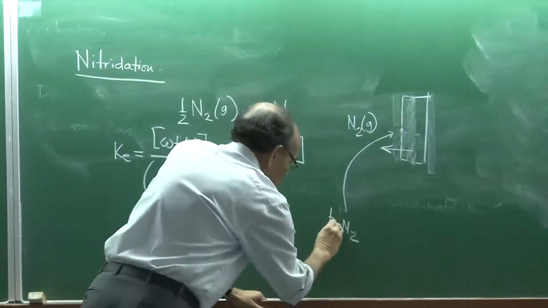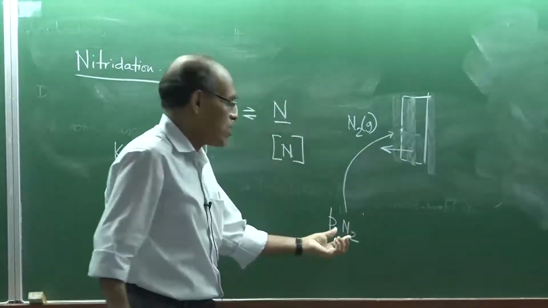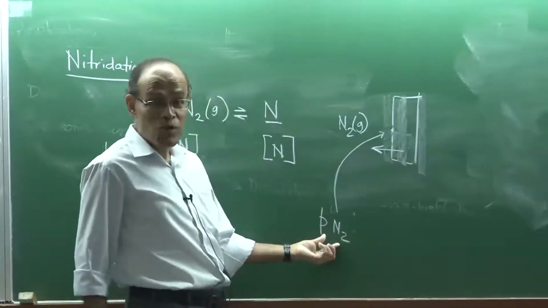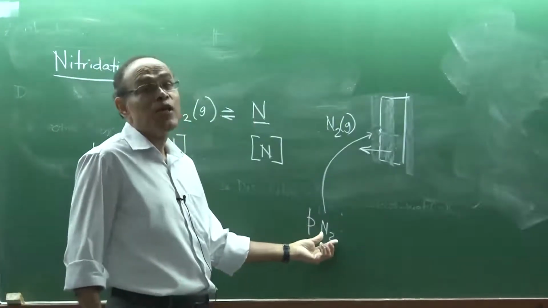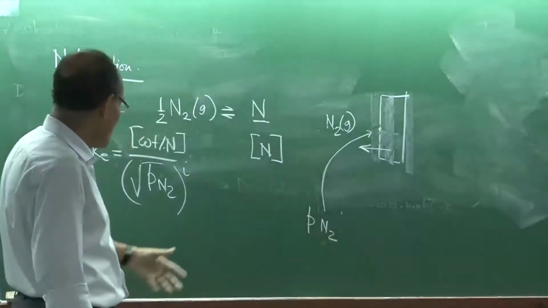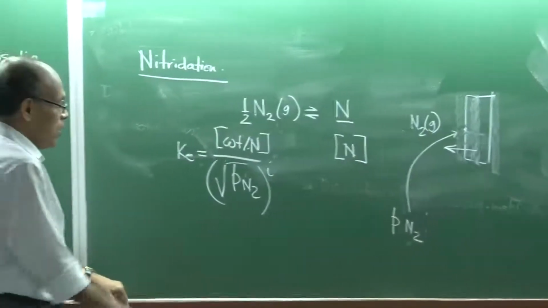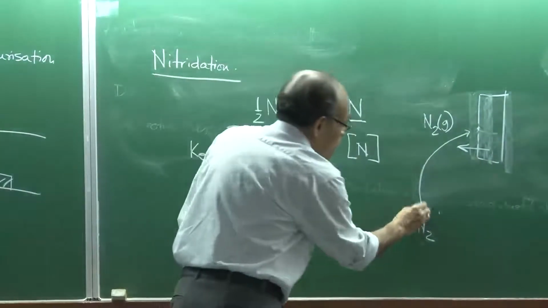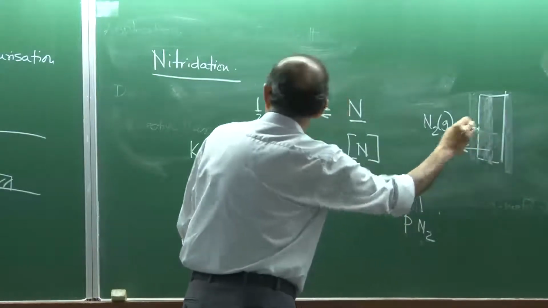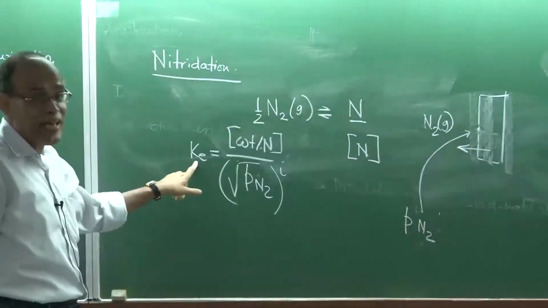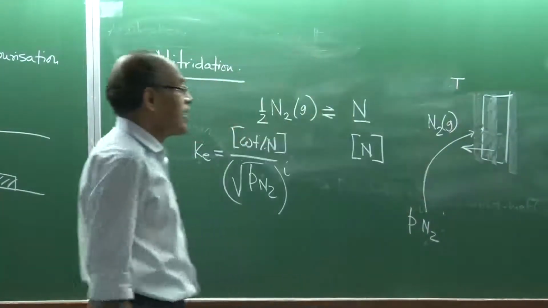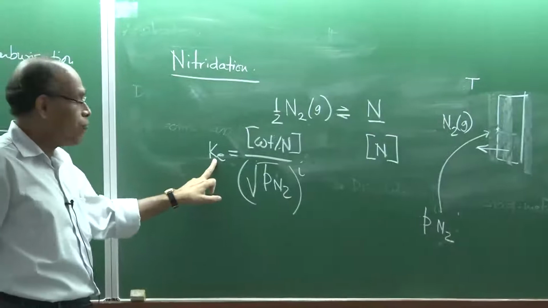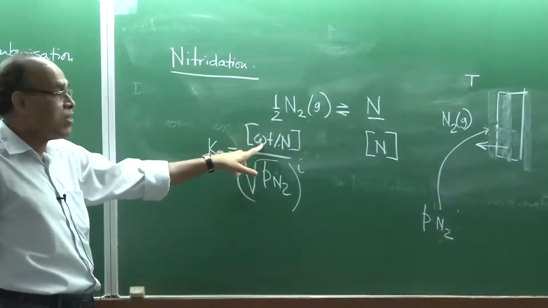This could be 1 atmosphere, or if you use an argon or nitrogen mixture, this Pn2 could be less than 1 depending on the scenario. Okay? So I will assume that 1 atmosphere nitrogen pressure is available right at the interface itself, and knowing the Ke, which is known from the temperature at which nitridation is being done, we should be able to find out what the surface concentration is. Okay?